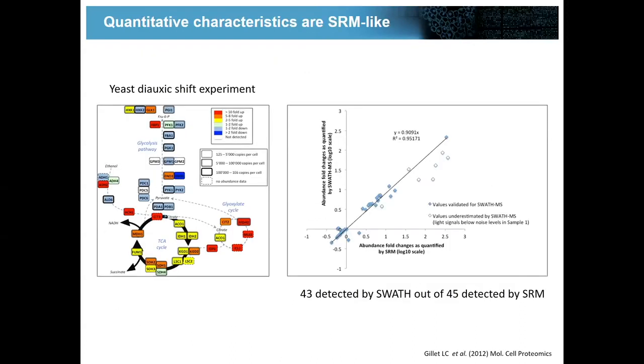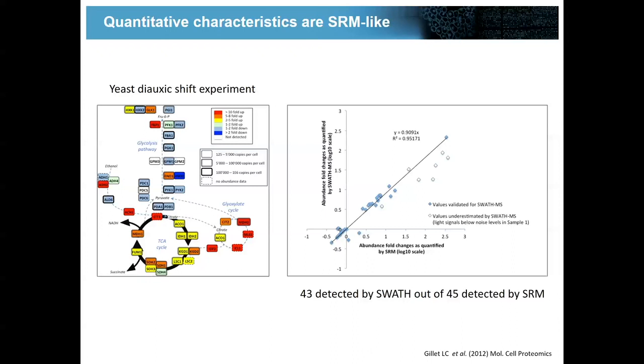Another example of this is also from Ludovic's initial paper. There they looked at a classical experiment in yeast biology called the diauxic shift, where you start feeding yeast glucose, and then it uses all the glucose and turns to ethanol as a carbon source. So you get a metabolic shift as part of the experiment.